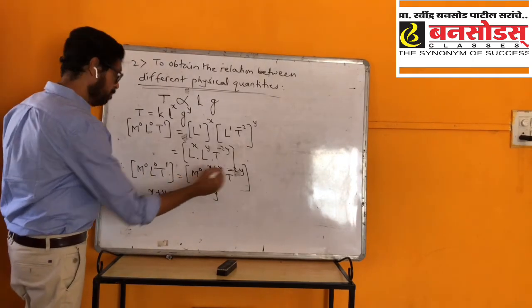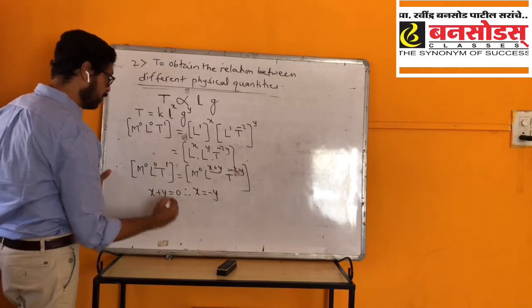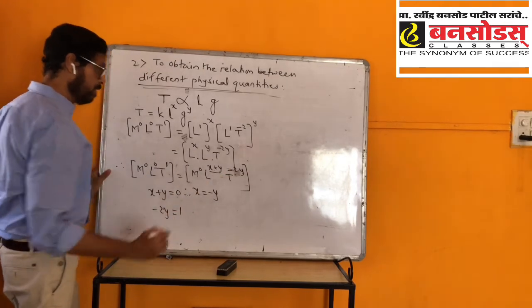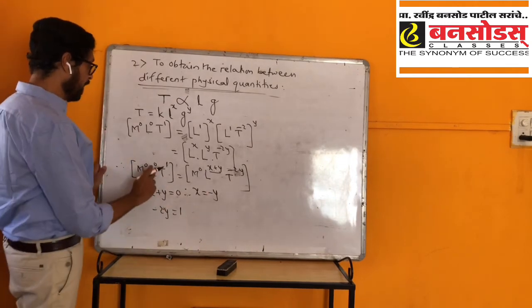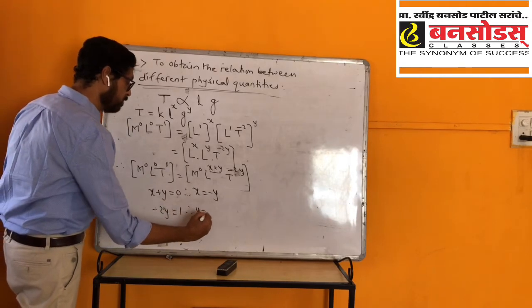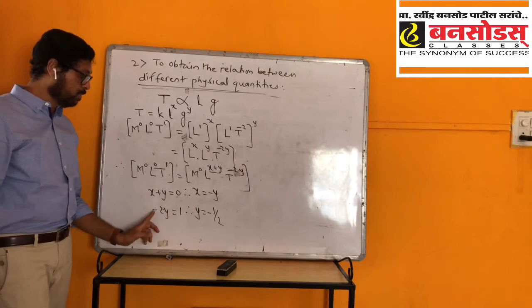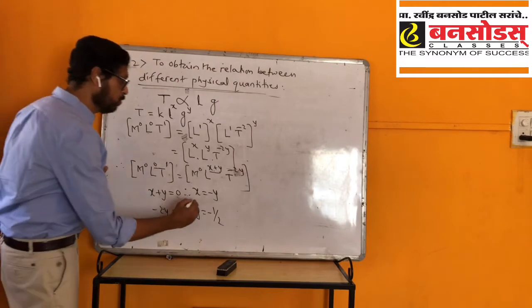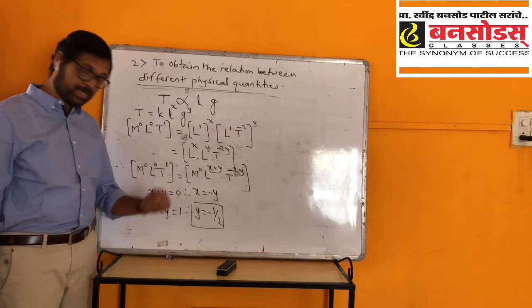And minus 2Y is equal to how much? 1. Minus 2Y is equal to 1. Minus 2Y is equal to 1 means Y is equal to minus 1 by 2. You got the value of Y. So Y is minus 1 by 2.